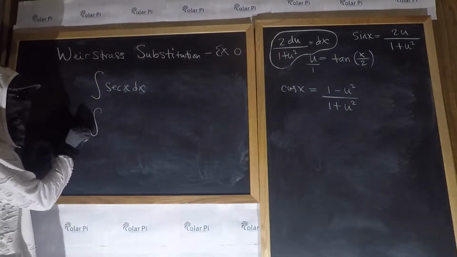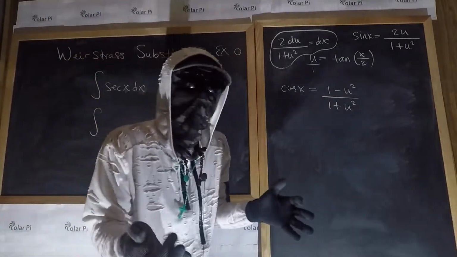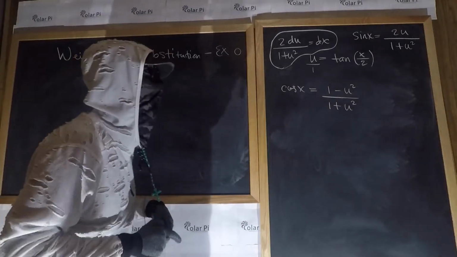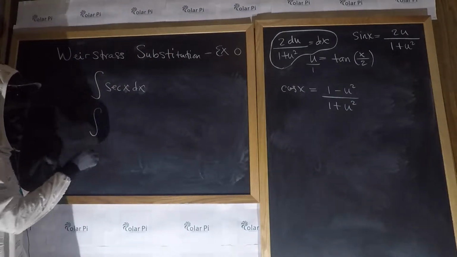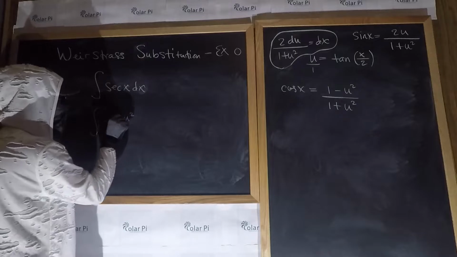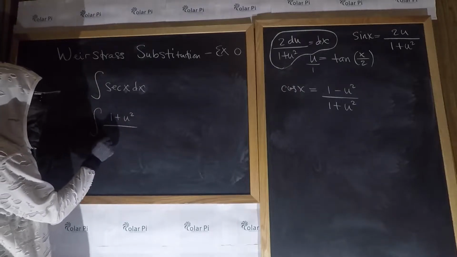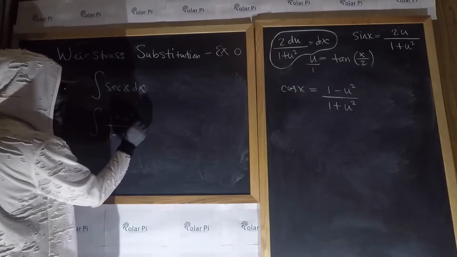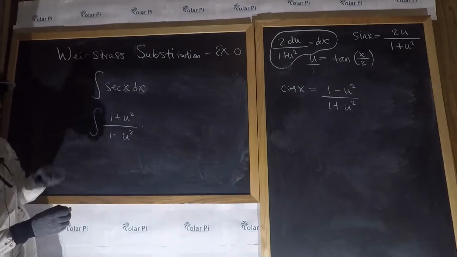This is why it's so useful to not reinvent the wheel and to make use of the things that we worked so hard to come up with. So 1 plus u squared over 1 minus u squared is what we'd have to start with for sec x.